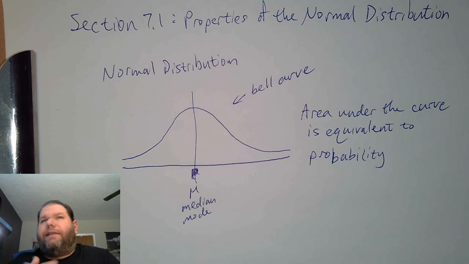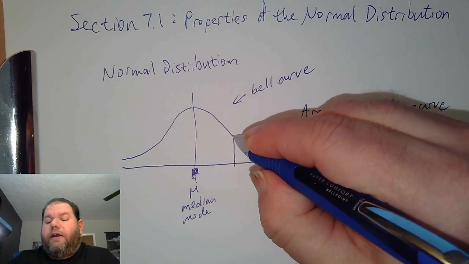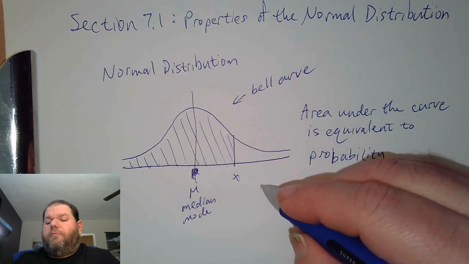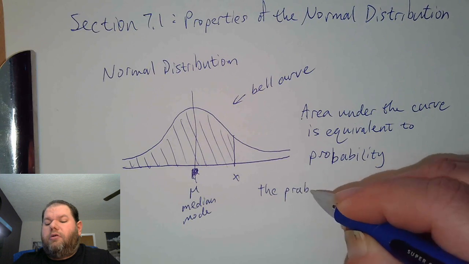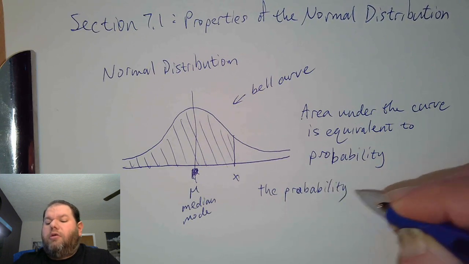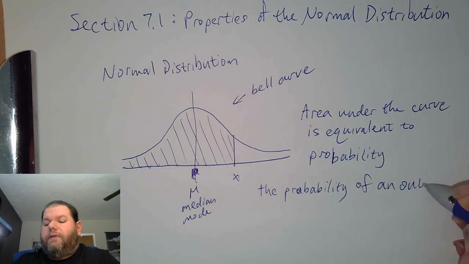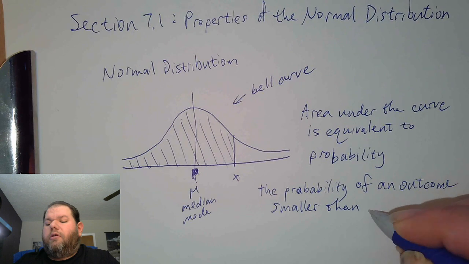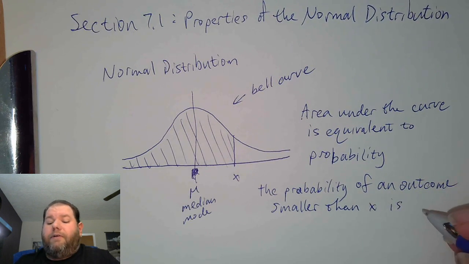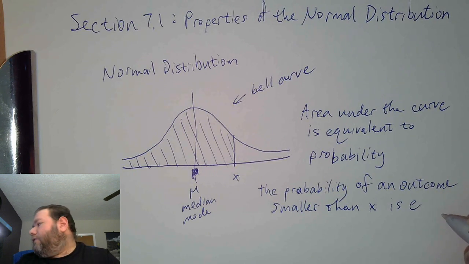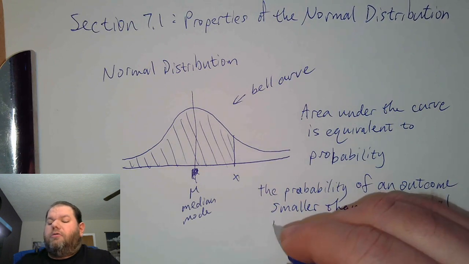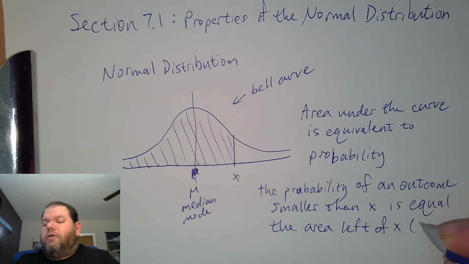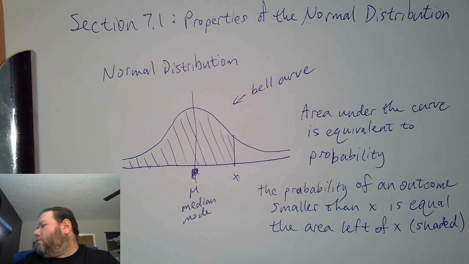So if we want the likelihood, if we want the probability, if we have some value x here, the probability of an outcome smaller than x is equal to the area left of x, as I've shaded in here in the graph. Okay.